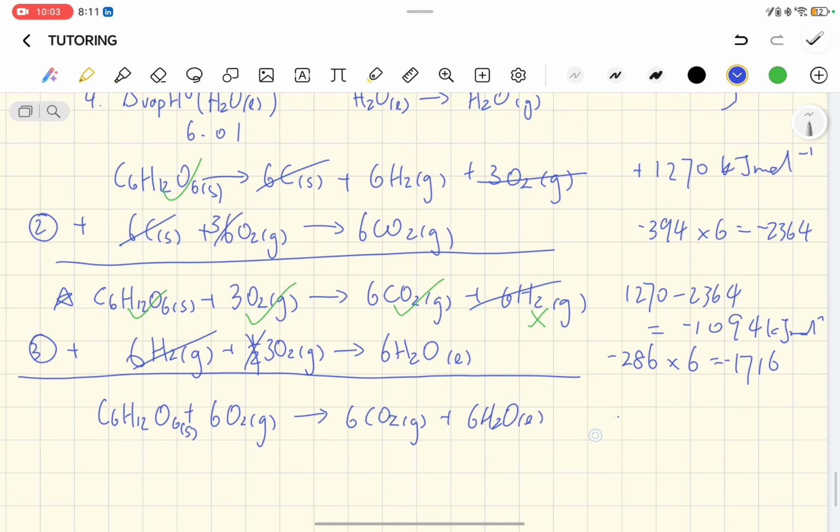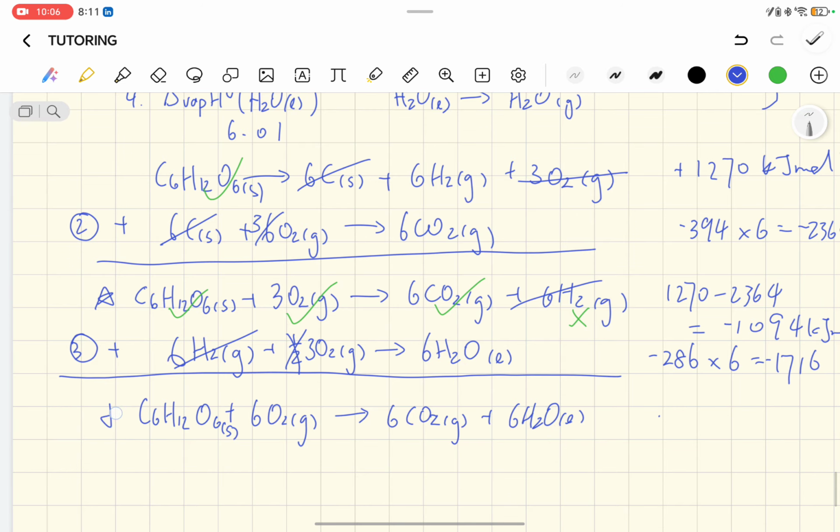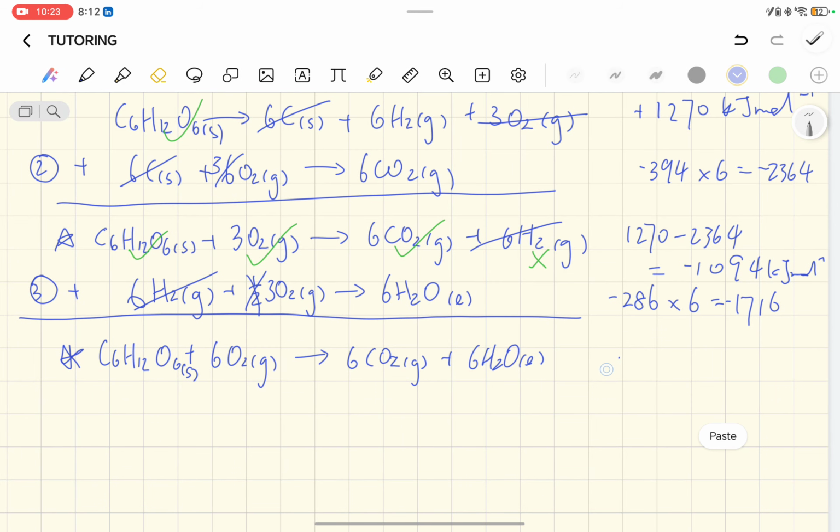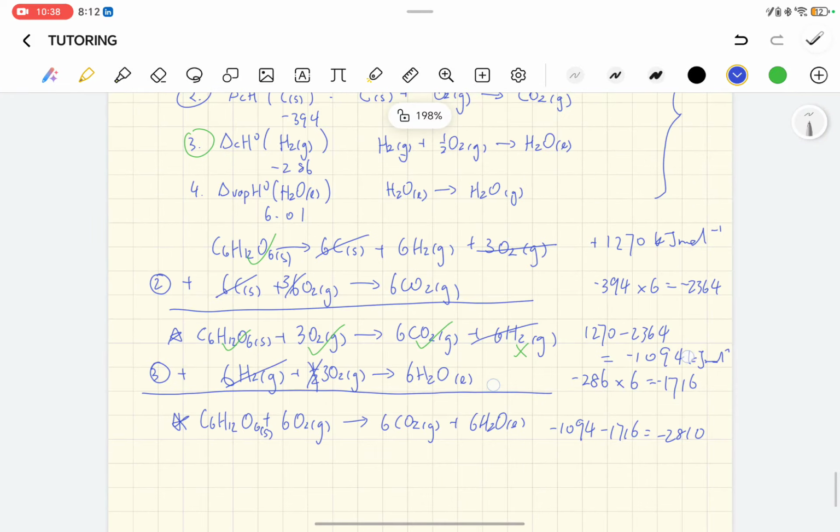And so this combined reaction has an enthalpy change of negative 1094 plus negative 1716. We're gonna write the working down for the marks. That's equal to negative 2810 kilojoules per mole.